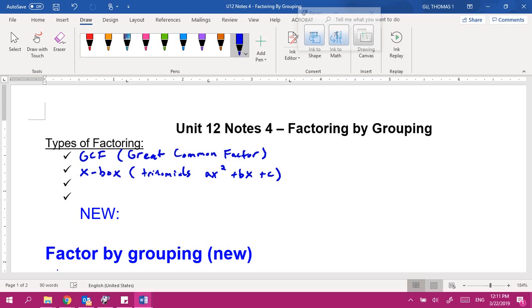Then there was also a shortcut for certain types of problems, and that was the difference of squares. Remember, difference of squares is when you have a squared minus b squared. That's the same thing as a plus b times a minus b.